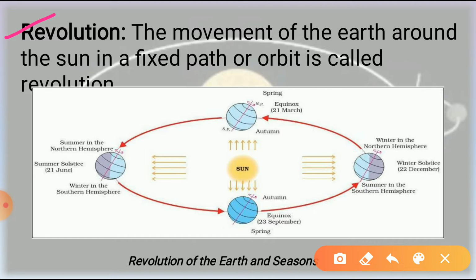So what is an orbit? Orbit is a regular repeating path that an object in space takes around another one. In our solar system, the earth orbits the sun, as do the other 8 planets.